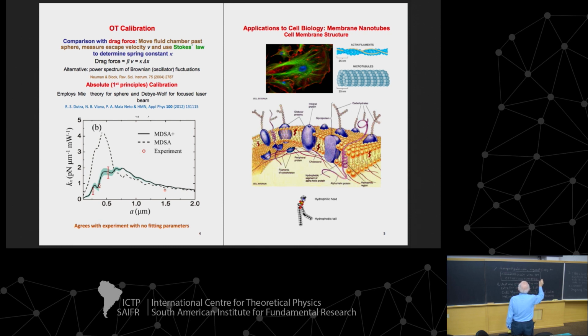Here is a picture of actin filaments. These are both polymers and biopolymers. For the actin filaments, they're like, well, a kind of necklace with pearls or something, twisted, and the repeat distance is about 25 nanometers.